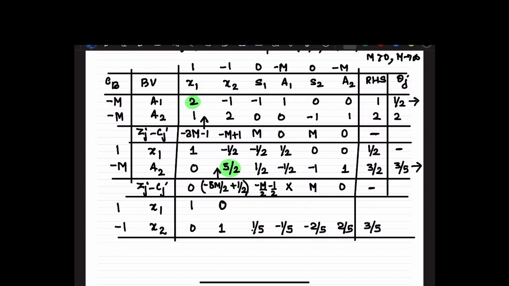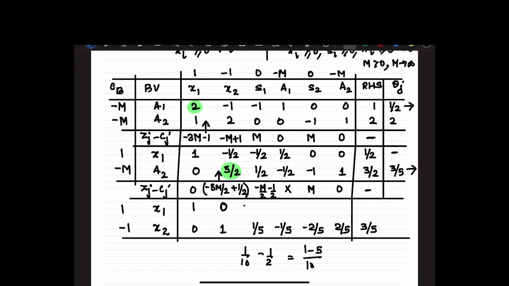So this is 1, this is 0. 1/10 minus half is, this is 5 minus 4/10 minus 2/5. So this is the value. Half into minus 1/5, so this value comes out to be 2/5. This is minus 1/5. Minus 1/5 plus 0 is minus 1/5. This is 1/5. This is half into 3/5, which is 3/10.